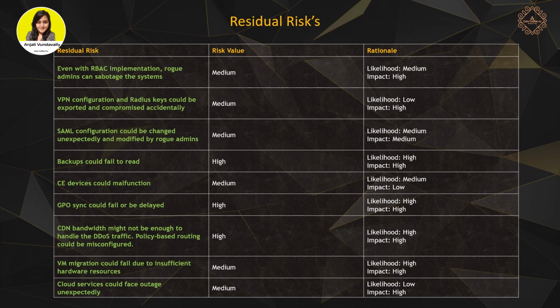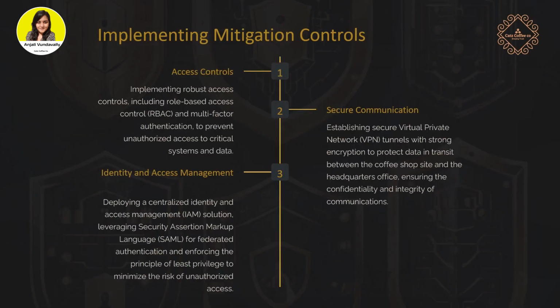Moving on to the next slide, implementing mitigation controls. So the controls which we just saw, implementing them, the first control would be access control. Implementing robust access control, including role-based access control, which is RBAC, and multi-factor authentication, would prevent unauthorized access to critical systems and data.